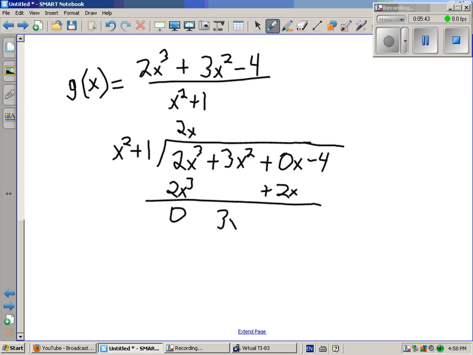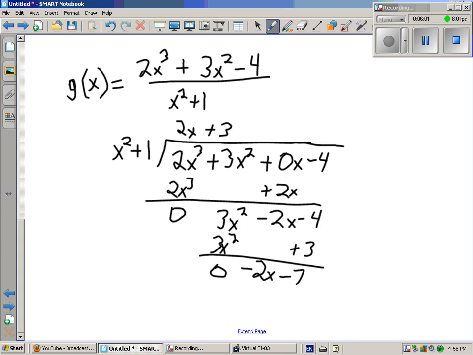3x squared minus 2x minus 4. All right, x squared goes into that 3 times, so plus 3. 3x squared plus 3. And what we are left with is 0 minus 2x minus 7.